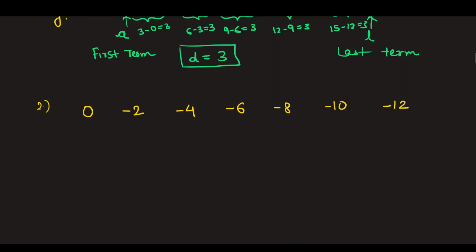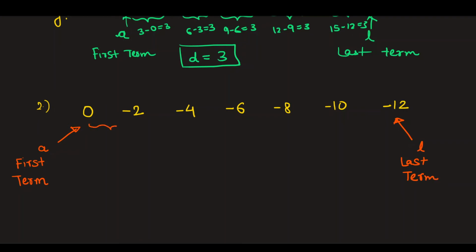Okay, so what are its parameters? It is small a, that is first term. Okay, it is a finite AP. It has first term this one, second term this. Okay, so this is the last term. It is denoted by small l. It is last term.